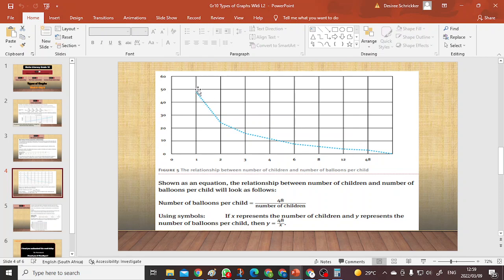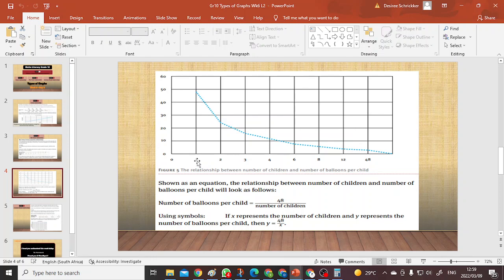Can you see there? It's decreasing. This is the number of children in a bus, I think it is, balloons per child. How many balloons will each child get? There are so many people at the party, there are only 48 balloons, but the more children come, the more they have to share.